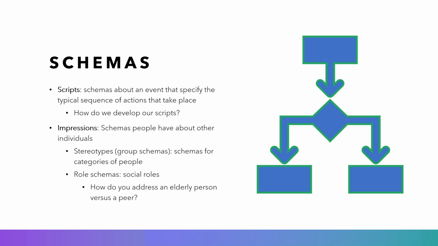But something to think about here is social cognitive theory, which I've touched on a few times now, and how the processes described in social cognitive theory ultimately inform our schemas about the world, including our scripts. So in our lecture where I brought this up, I talked about how when I go to coffee shops, I often look around to see what people are doing, so I know what to do.